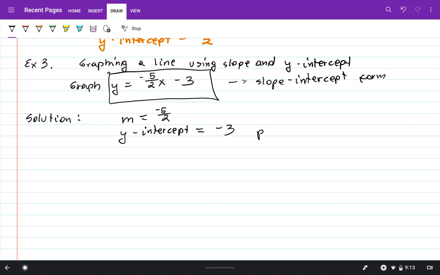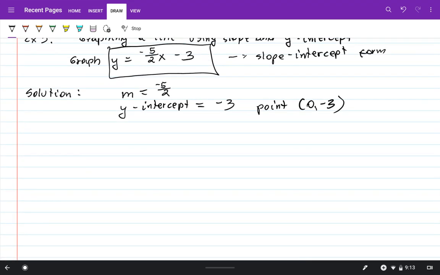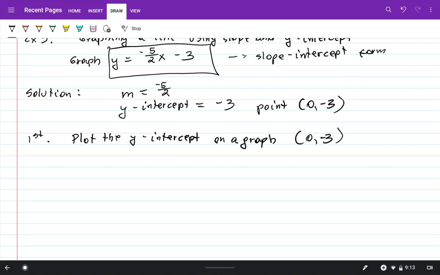That means we have a point on the graph, 0, comma negative 3. Okay. So what are we going to do first? First, we're going to plot the y-intercept on the graph. So again, the y-intercept is our point 0, comma negative 3.